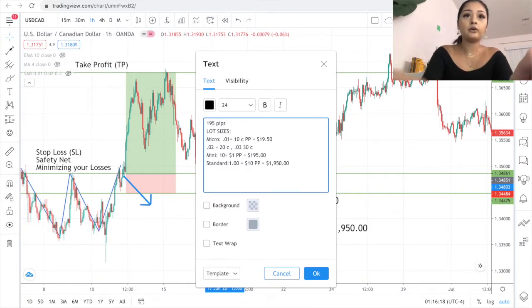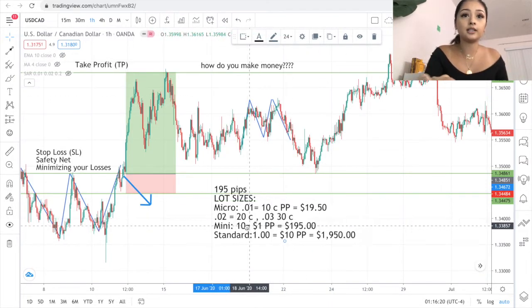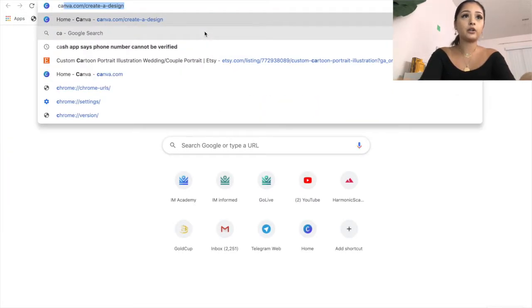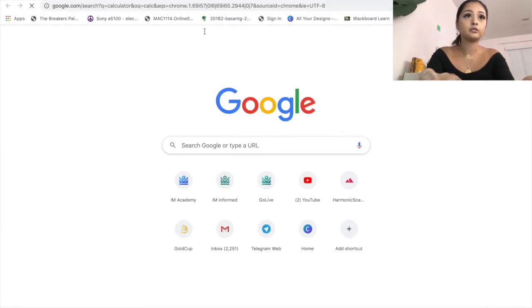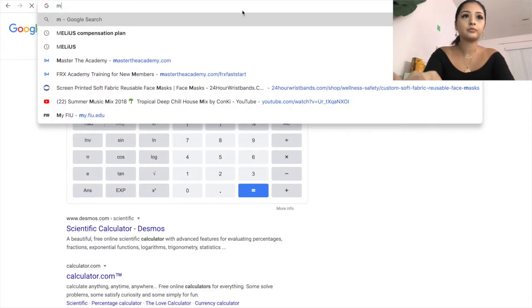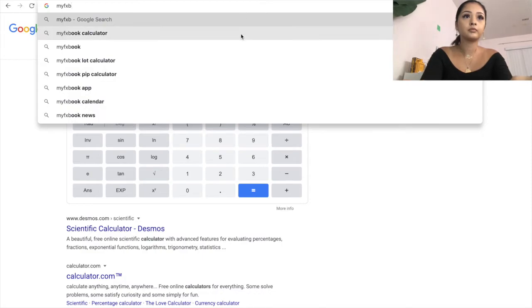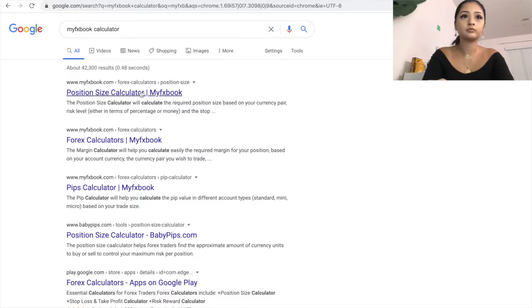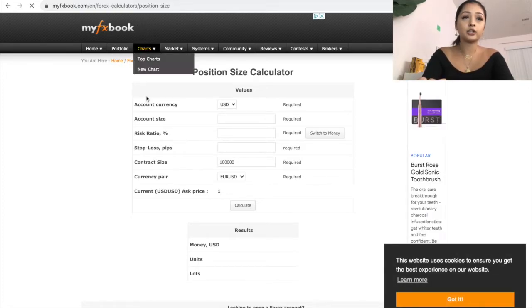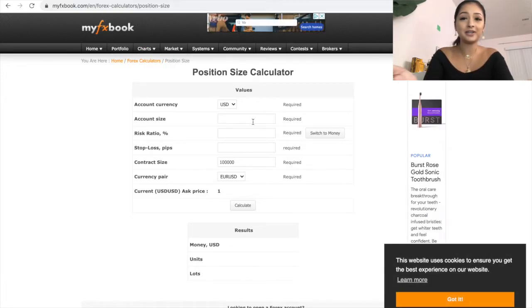So how to calculate what lot size you want to use is you have to take the percentage of how much you want to risk. For example, guys, there's actually a website called My FX Book, and I'm giving you guys the source right now.